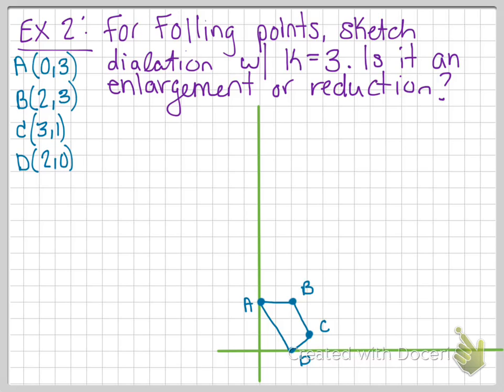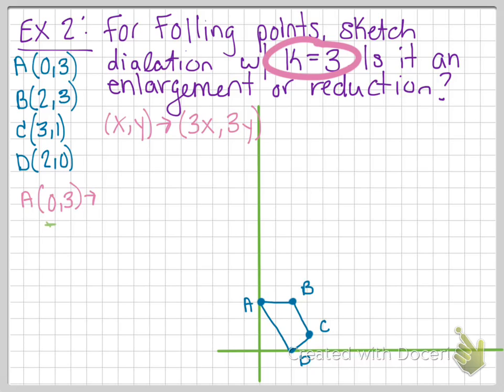Then all I'm going to do is use my scale factor. I'm going to use that k equals 3, and I'm going to write my formula. I know (x, y) is transformed to (kx, ky), and here my k is 3. So this works just like with our translations and reflections and whatnot. I'm going to take one of my points, (0, 3).